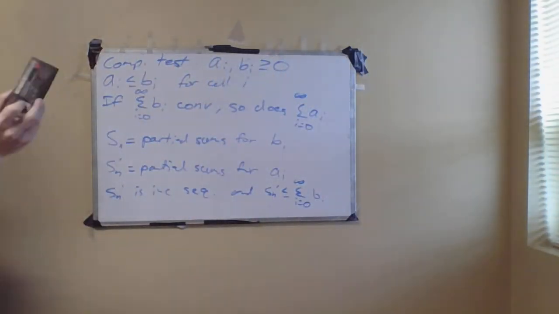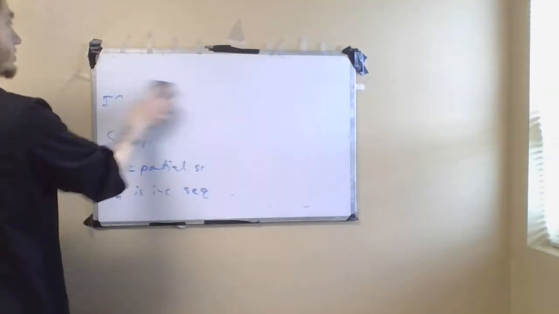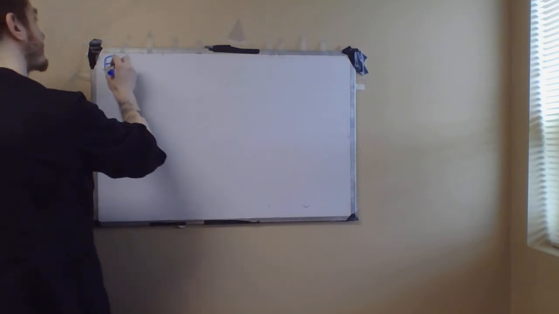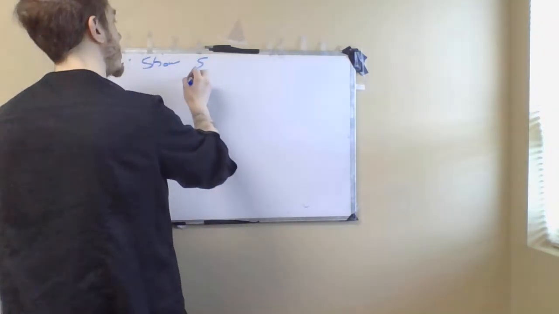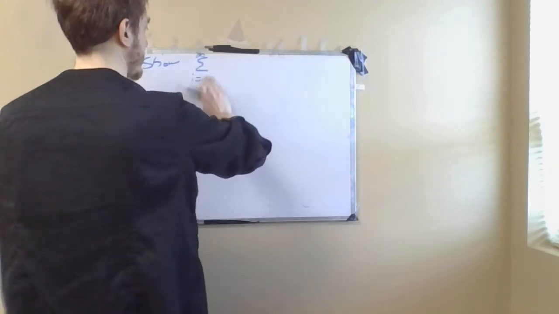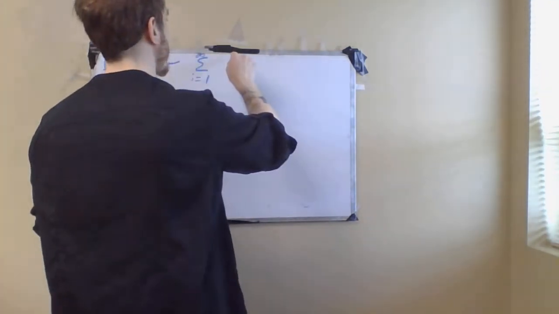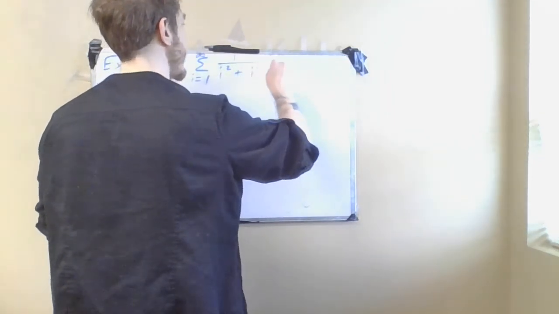Now, before we return to the absolute convergence stuff, I just want to point out some situations where you can use the comparison test. A good example: let's suppose that I want to show that the sum from i equals 1 to infinity, just because I want to make sure that nothing weird happens here, of 1 over i squared plus i converges.